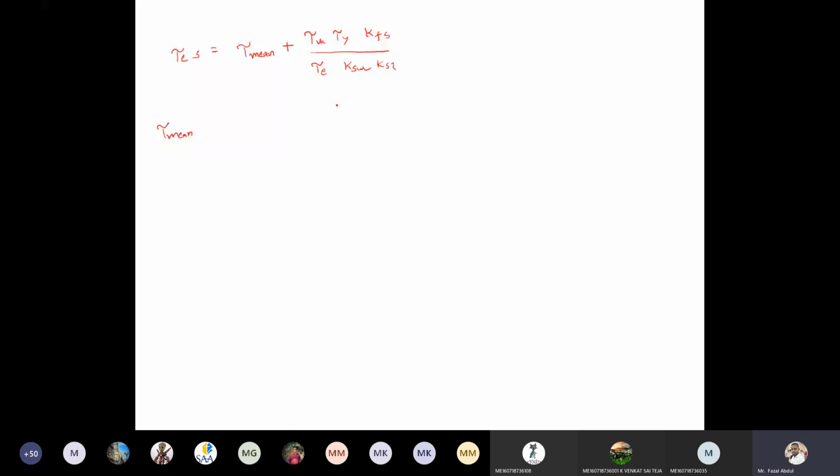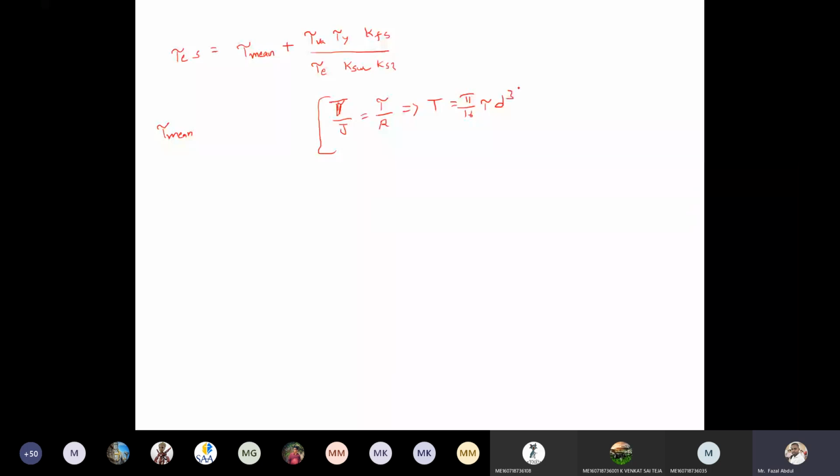See here, I'm writing on the side in brackets. T by J equals shear stress by R. This relation I think you know. If we derive this relation, torque transmitted by shaft is pi by 16 into shear stress into d cube.